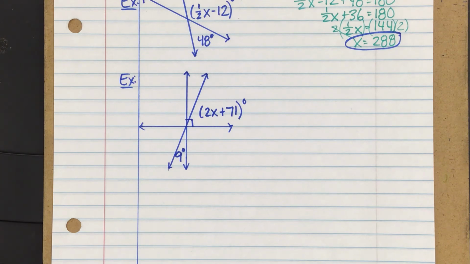I saw that you could also do kind of the same thing here, because if this is a right angle, then that means this is a right angle. So this plus this is all 180. If you wanted to get super crazy, you could say this is 9, this is 9, 90, 90. This is 2x plus 71, this is 2x plus 71, and add it all up to equal 360. Okay? So there's all kinds of different ways to look at this problem, right?